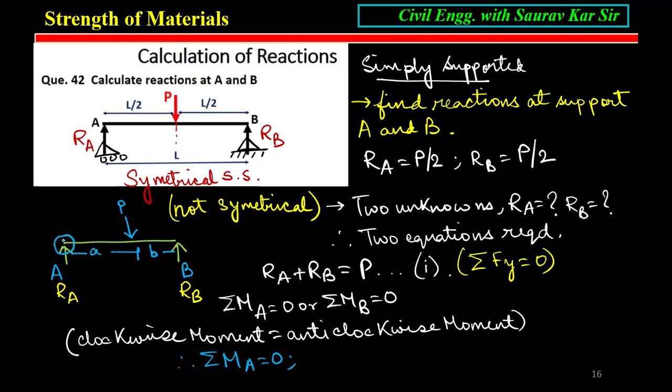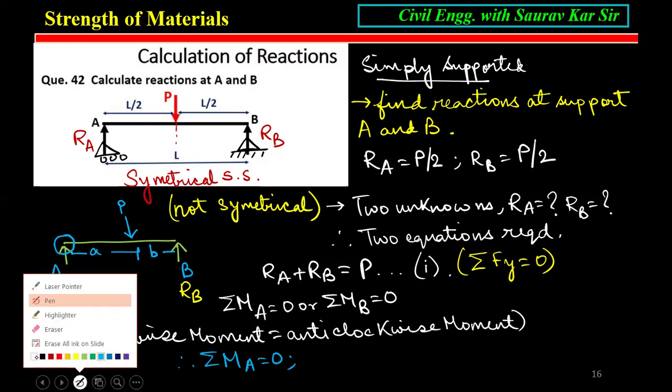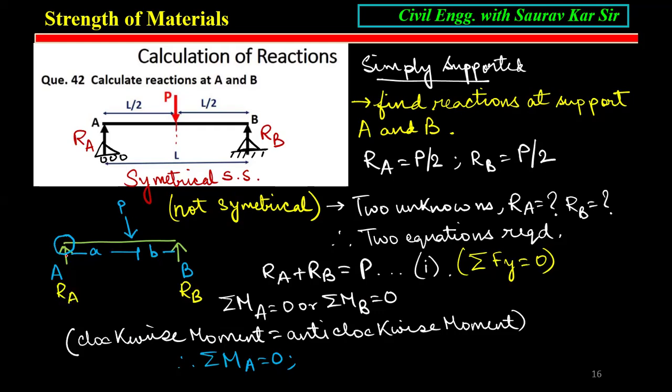Due to P, it is a clockwise moment, since A is on the left. Due to the direction of P, it is clockwise, and due to RB, it is anti-clockwise.